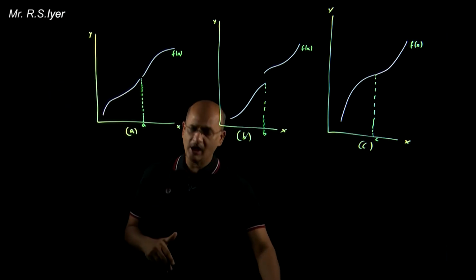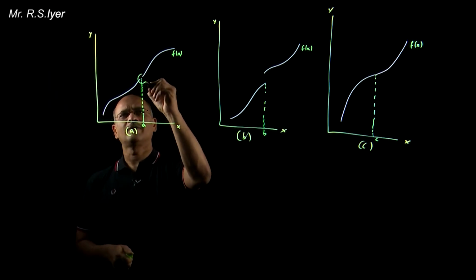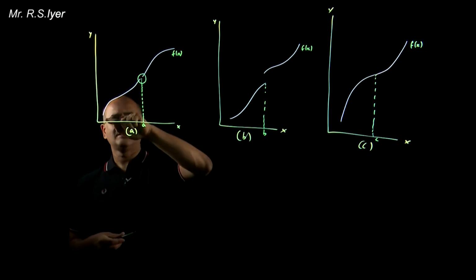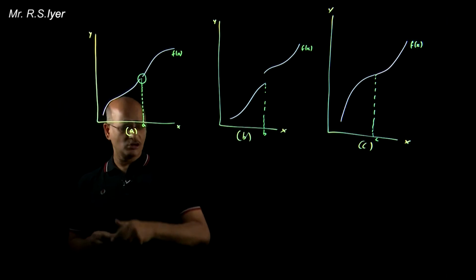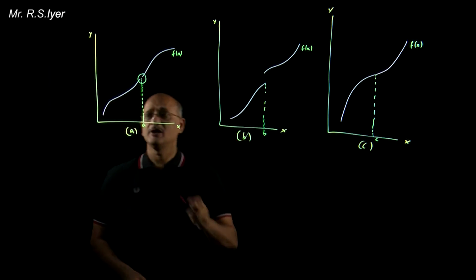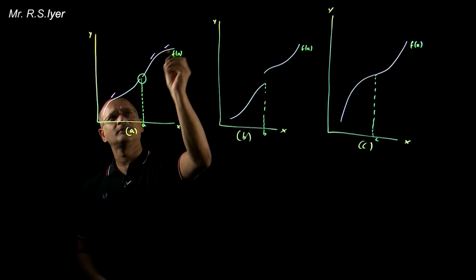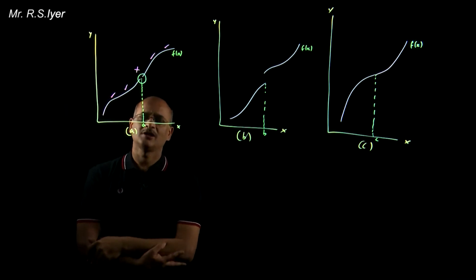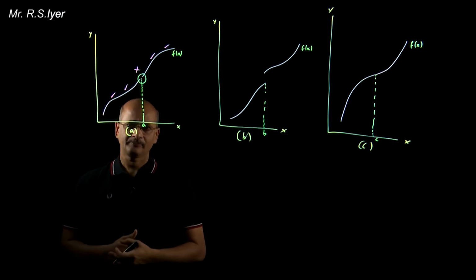But if you see carefully, there is a big hole in the graph. Can you see this hole? Yes. So, that means that this function is not continuous. It might be continuous at this particular point, children, at this point, at this point, but at this particular point, it is not continuous because there is a hole in the graph.